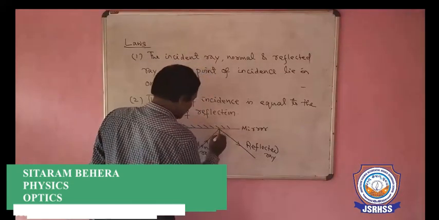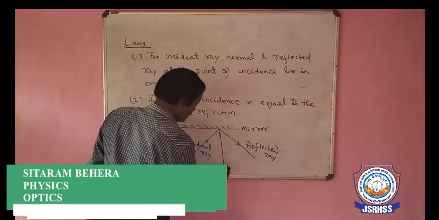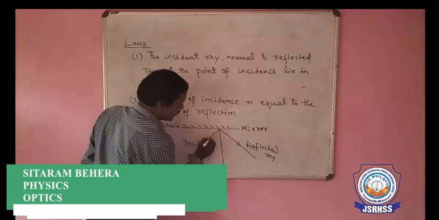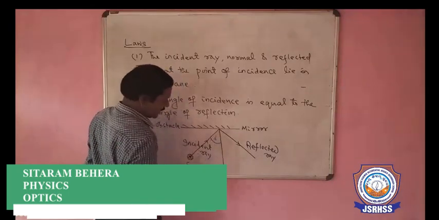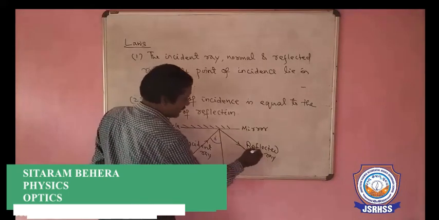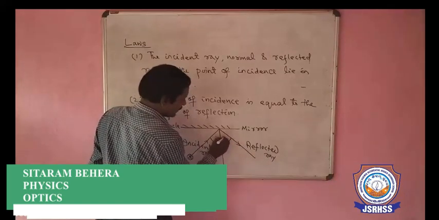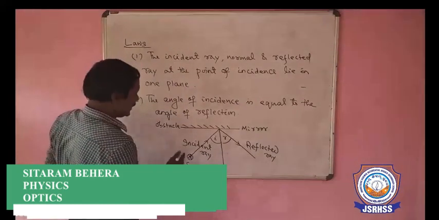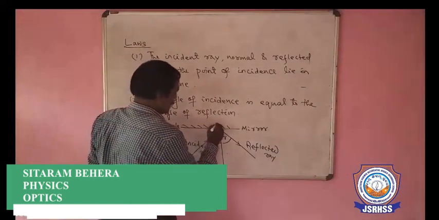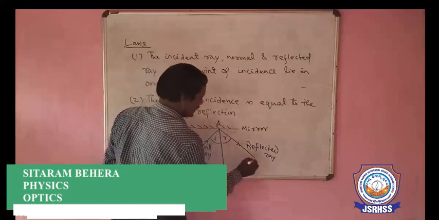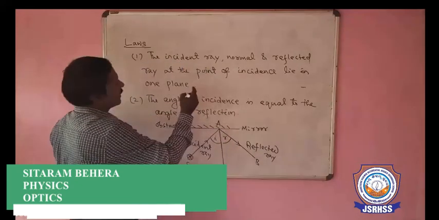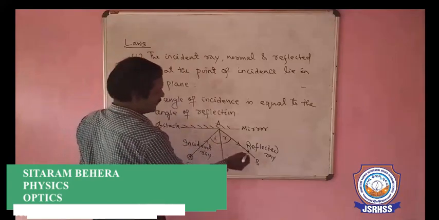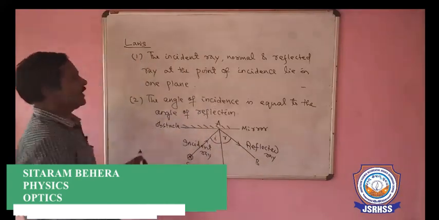Now this is a normal. The angle between incident ray and normal is known as angle of incidence. The angle between normal and reflected ray is known as angle of reflection. The first law suggests that the incident ray, that is SA, normal AN and reflected ray AB lie in the same plane.